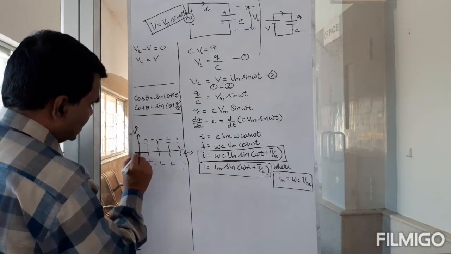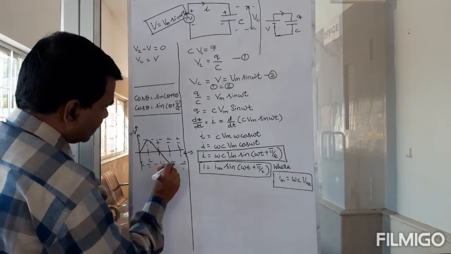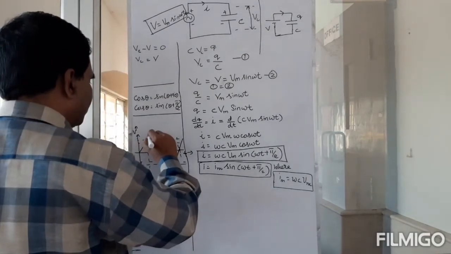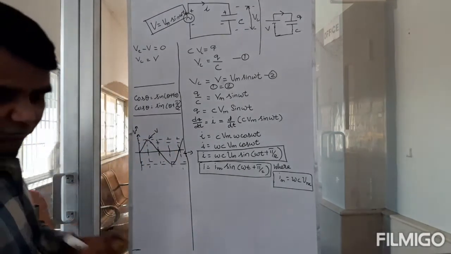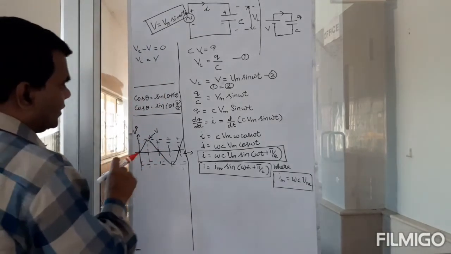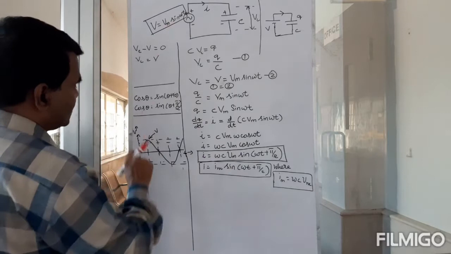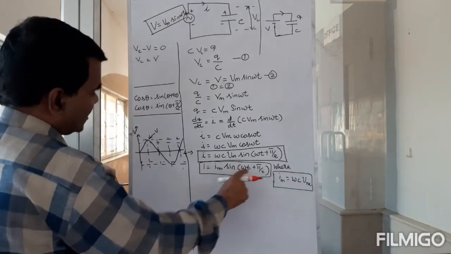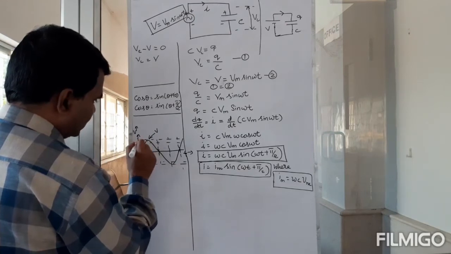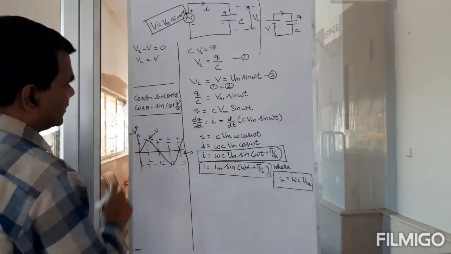So start from 0, we go here, and then we come here, go all the way down, and then we go like that. This is the voltage graph. And what is the current graph? Let's see. When voltage is 0, when time is equal to 0, then this will be pi by 2, so it's here. This is the current graph, okay?